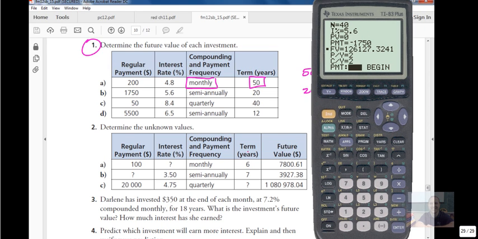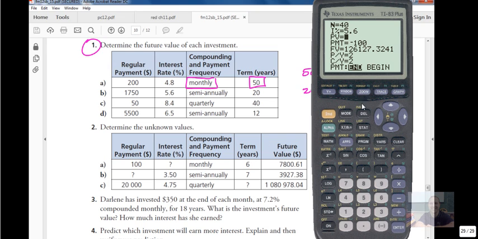So if we look at number 2 here, very similar, except we're solving for different things. So in A, we're solving for interest rate. So, again, just use this page for everything. The payment here is $100, so do a negative 100. The interest rate, you can leave it from the previous question, or you can put 0, whatever.